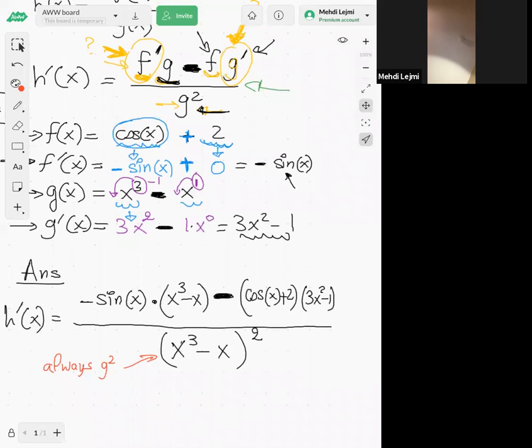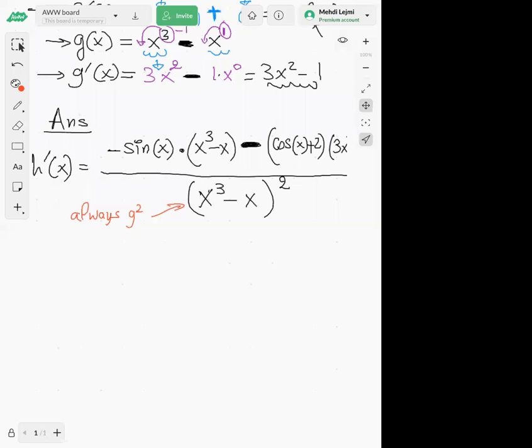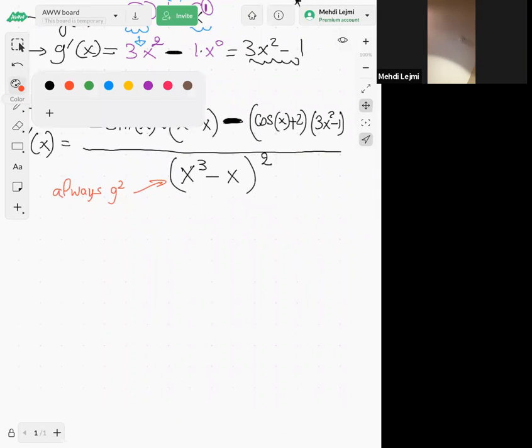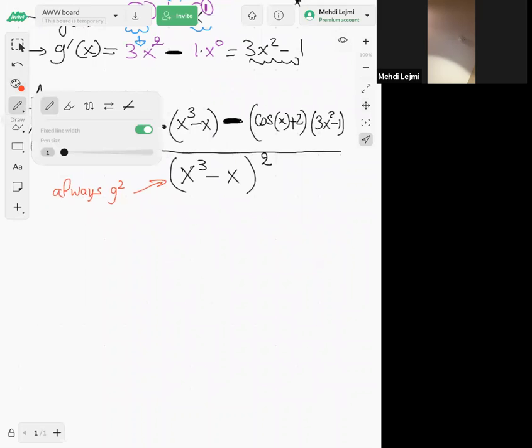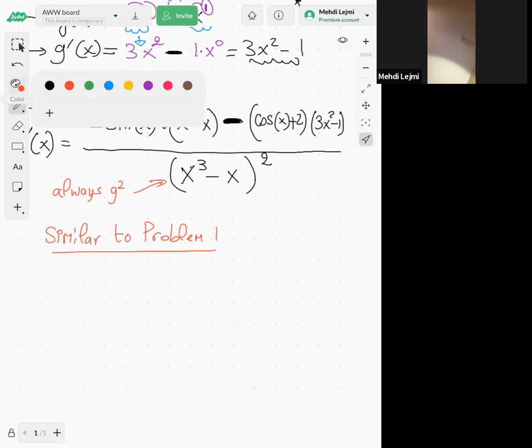So the first one is just powers of x. Let's do something similar to problem 1. Let's say you have f of x.